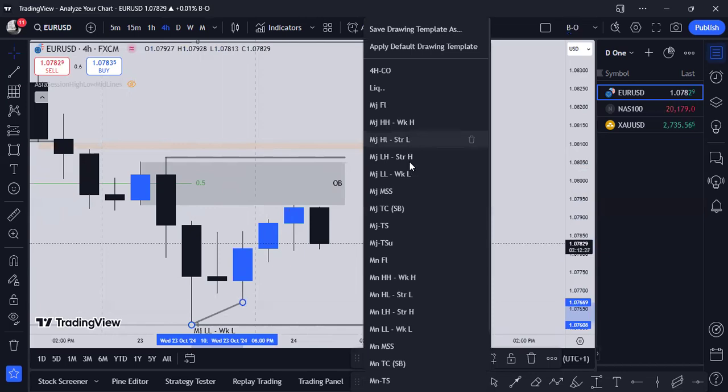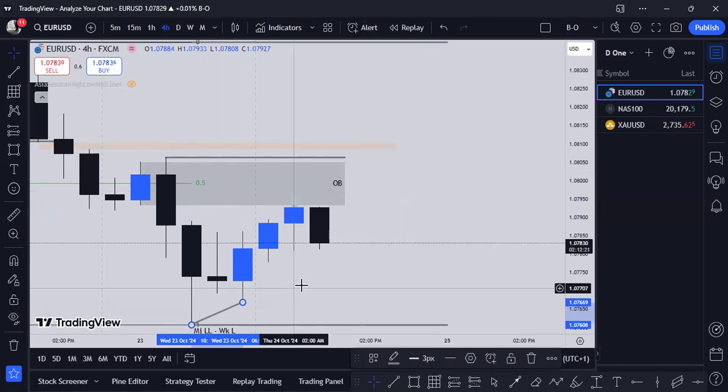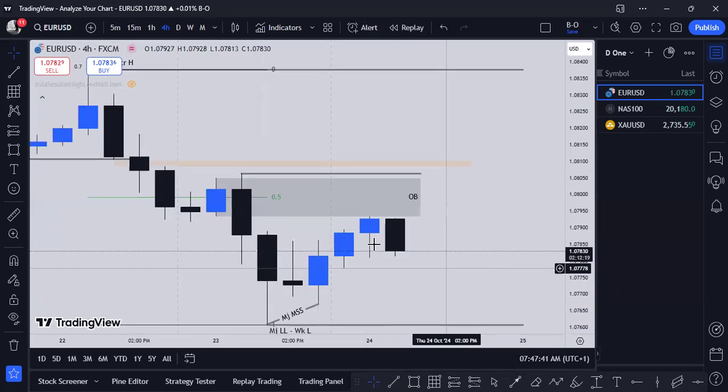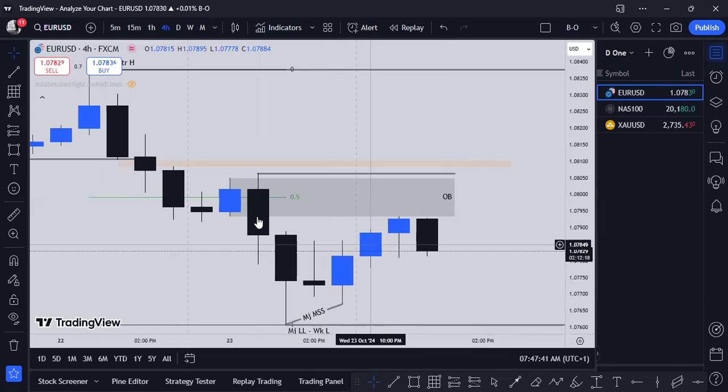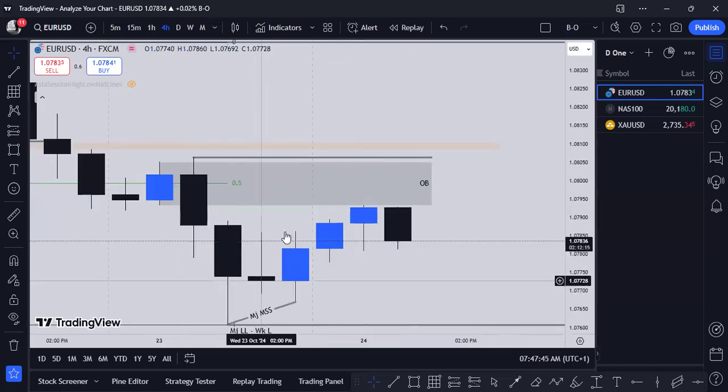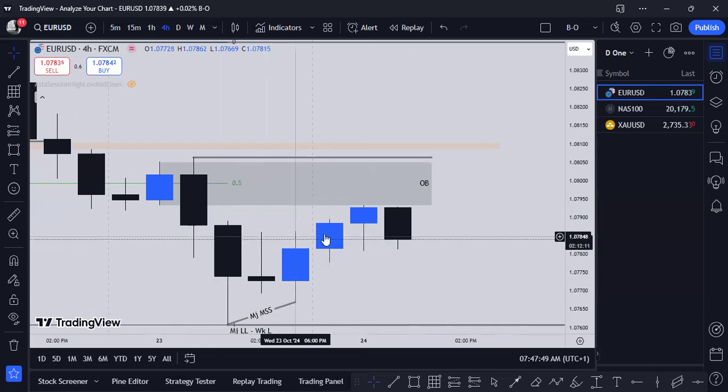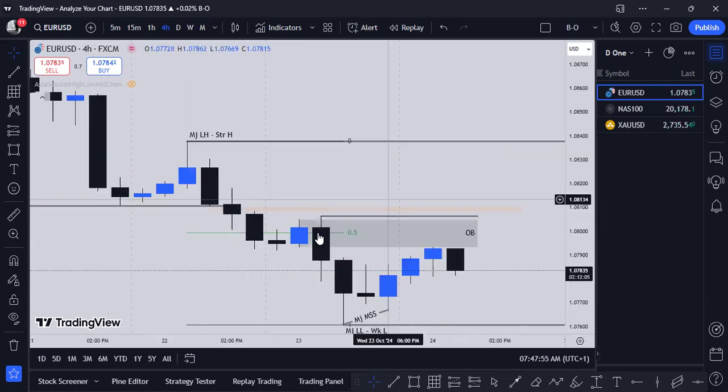We're going to explore that on a lower time frame too. So we have a major MSS there too. After an MSS, a market structure shift, we can expect a trend change, or the market can still react from this level.